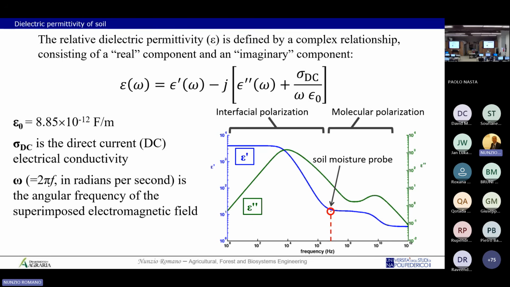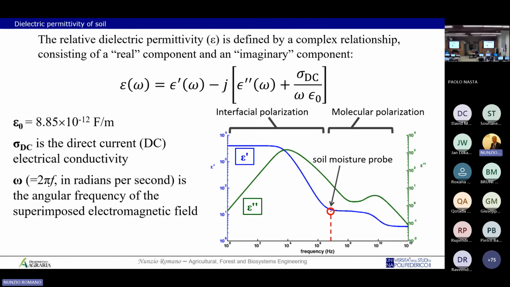Well, from the electrical point of view, for most of you that are familiar with the electrical topic, the dielectric permittivity can be considered as a complex quantity. It is composed of a real component and an imaginary component.